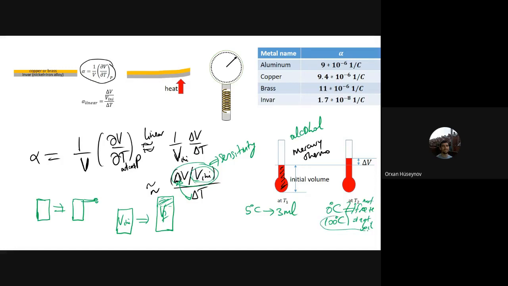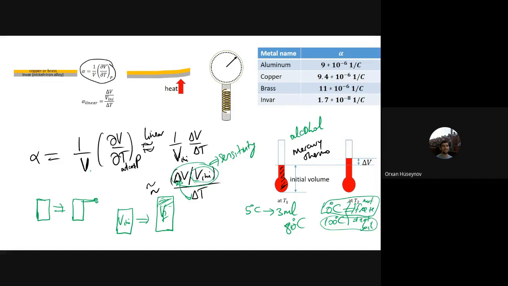Therefore, this part is not often used, but this part is very important. At least it shouldn't boil till 80 degrees Celsius. It shouldn't boil, and it shouldn't freeze at 0 degrees Celsius. This is another property that we want from these substances. This is very important. Otherwise, the material substance that you use will fail for temperature measurement. Okay, good.